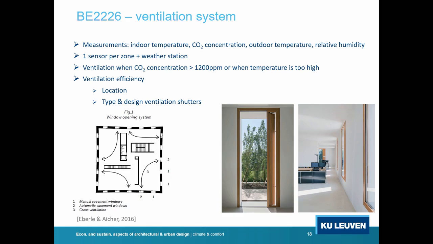It's not the regular 2.20 or 2.50 meters that we typically have here, but about 3 meters high. That really helps, because that's the only way they can keep the CO2 concentration low enough without over-ventilating, to have a healthy indoor climate.